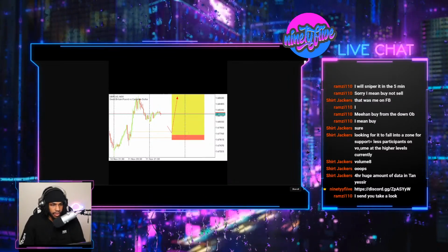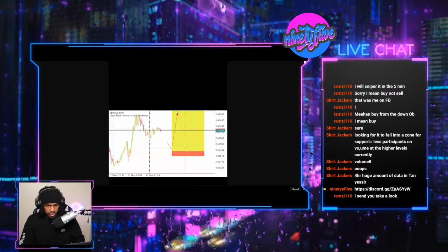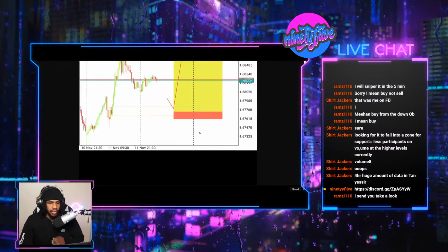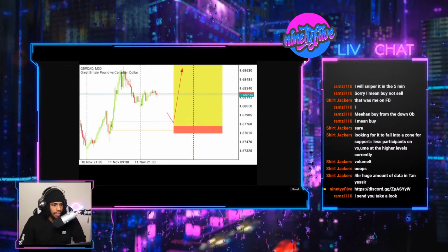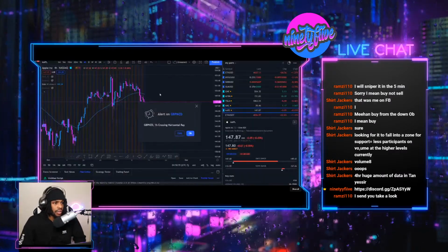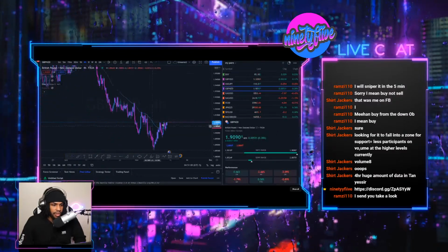Hey, let me open this in a new tab. Zoom in on this more. Yeah, I can definitely see that push up from there. Yeah, let me go look at the charts. GBP NZD, I had something marked up on there.